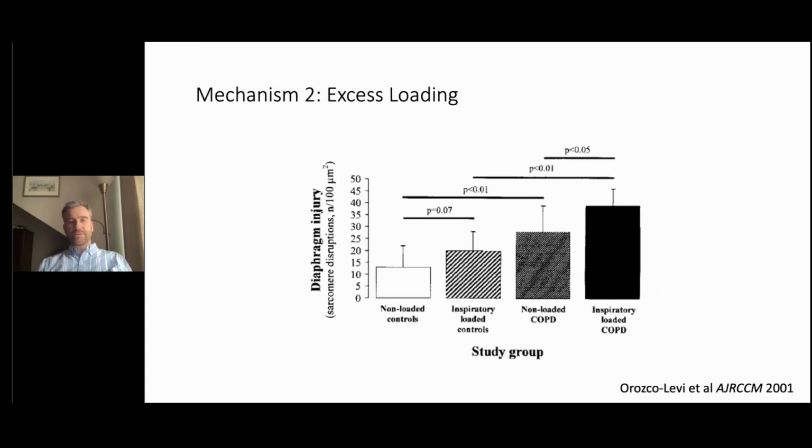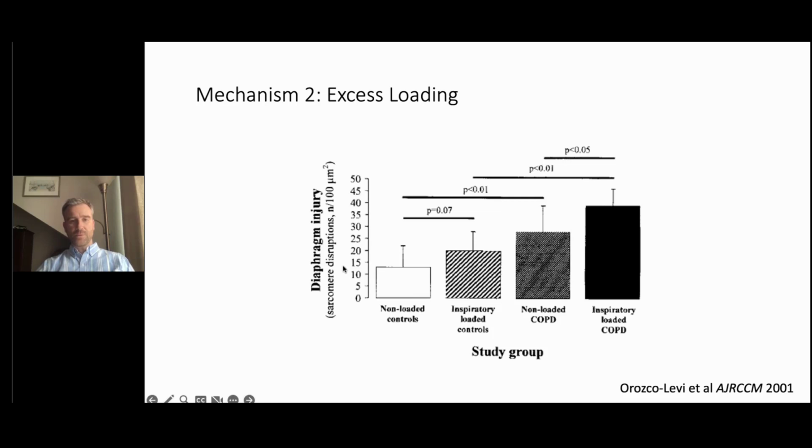Now, there's a second suspected mechanism by which diaphragm injury and dysfunction develop during ventilation, and that is excess loading, or load-induced diaphragm injury. This has been demonstrated in an experiment published over 2 decades ago that looked at diaphragm biopsy specimens after inspiratory threshold loading immediately prior to lung transplantation and thoracic surgery.